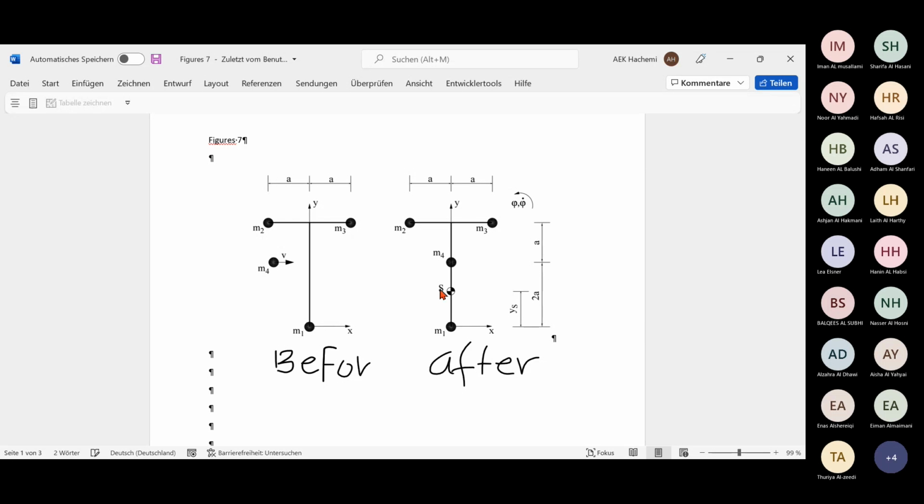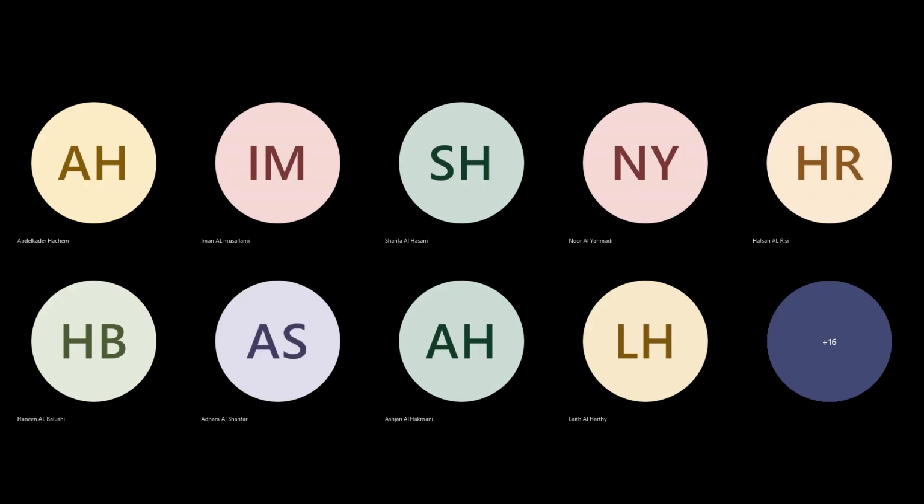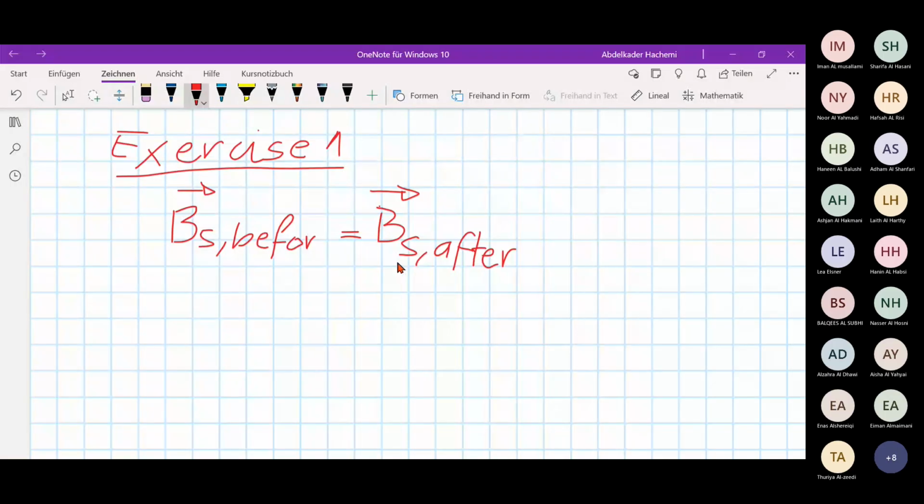Then the whole system, the whole masses, will have the same angular velocity v dot, and then we can write that B before the impact will be equal to M4 multiplied by V.